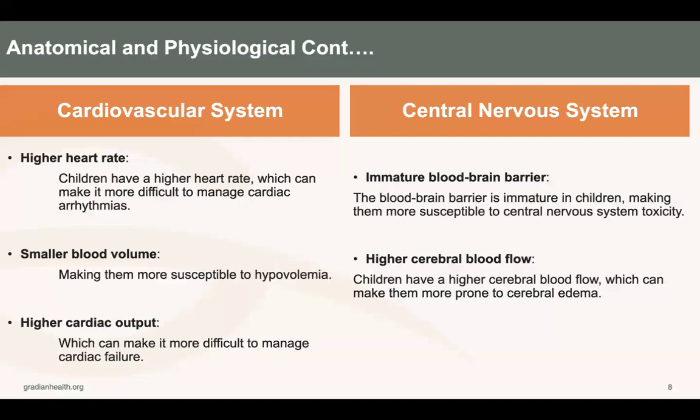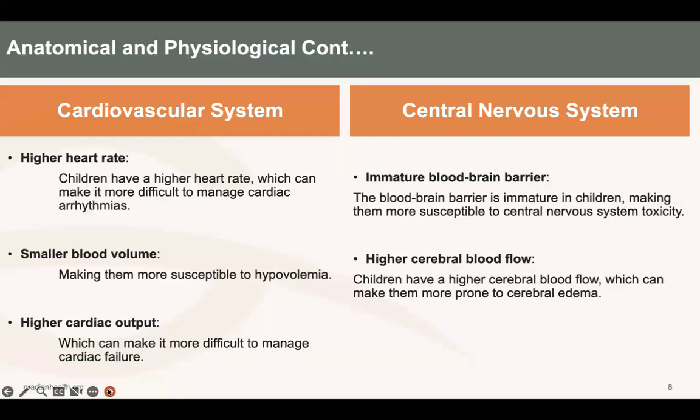So in short, it's immature, and so something that shouldn't pass through the blood-brain barrier can sometimes pass and can compromise them. As I've mentioned, it's a very, very important area. So when it comes to our practice, like when inducing patients, drugs can easily cause toxicity in our patients, as they can easily penetrate through the blood-brain barrier.